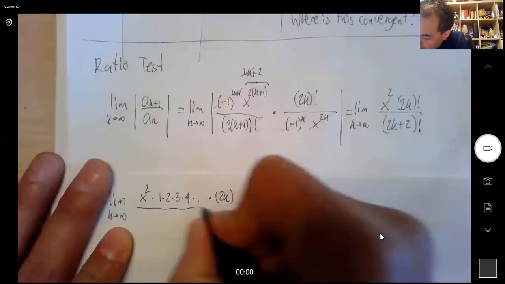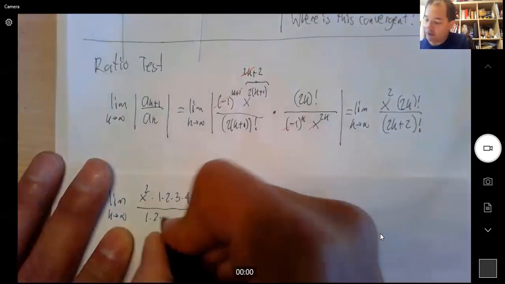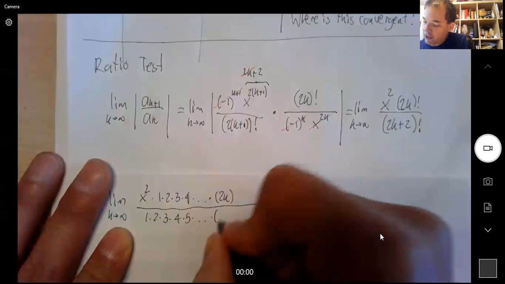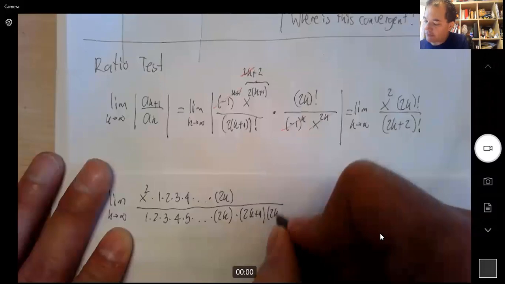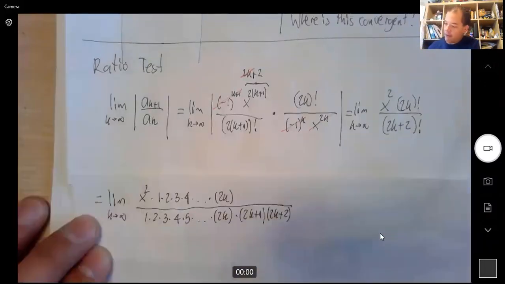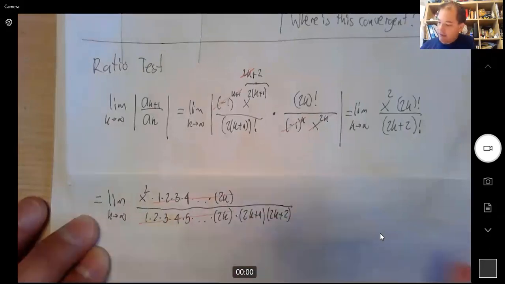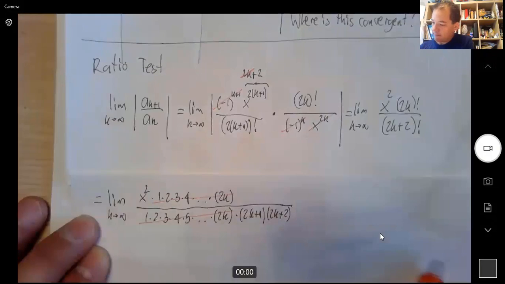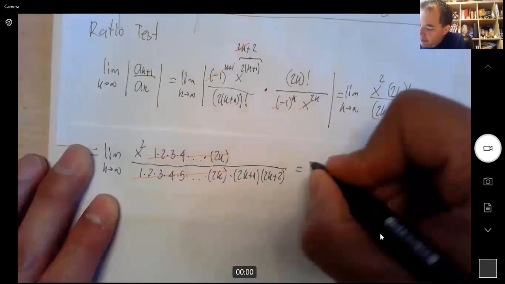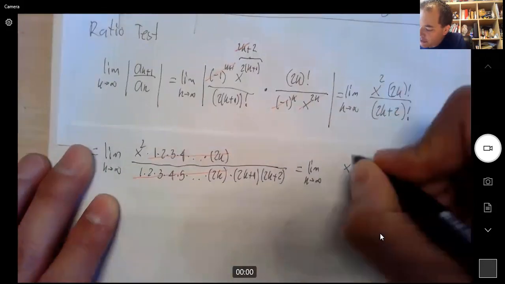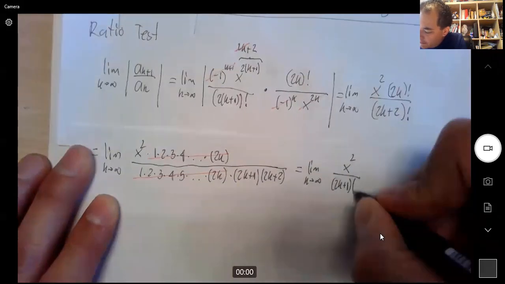And in the bottom, we have 2k plus 2 factorial, which is 1 times 2 times 3 times 4 times 5, all the way to 2k times 2k plus 1 times 2k plus 2. It has 2 extra terms compared to the previous one. So a lot of the stuff cancels. So now what we get is the limit when k goes to infinity of x squared divided by 2k plus 1 times 2k plus 2.